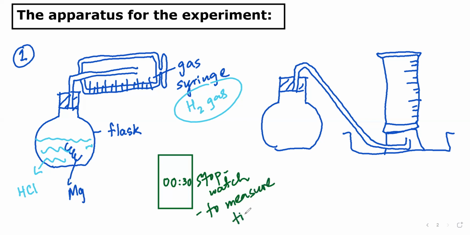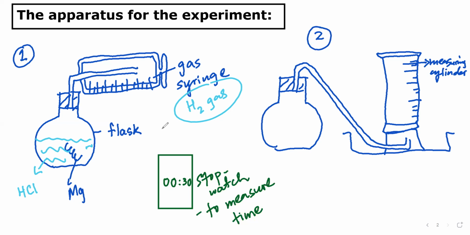To measure the volume of gas, there are two methods which can be used. Number one, with the gas syringe. Number two, with a measuring cylinder to collect the gas over water. Since hydrogen is a gas which is insoluble in water, it can be collected in a measuring cylinder over water.